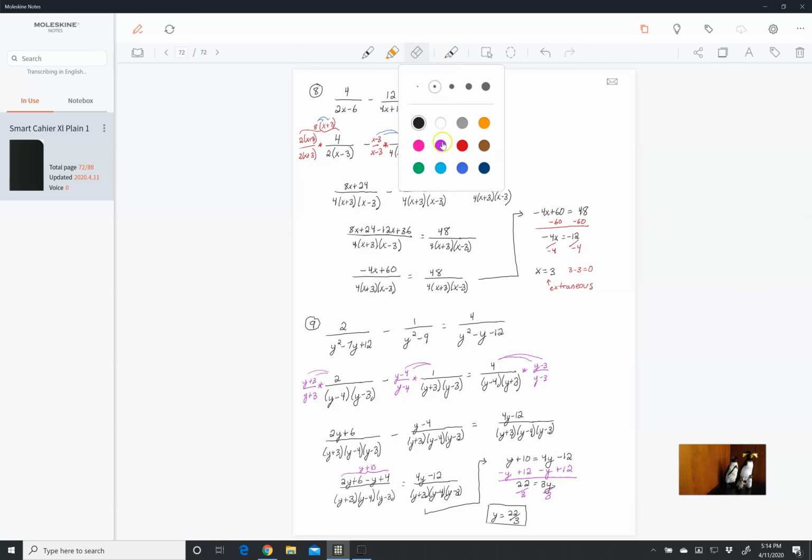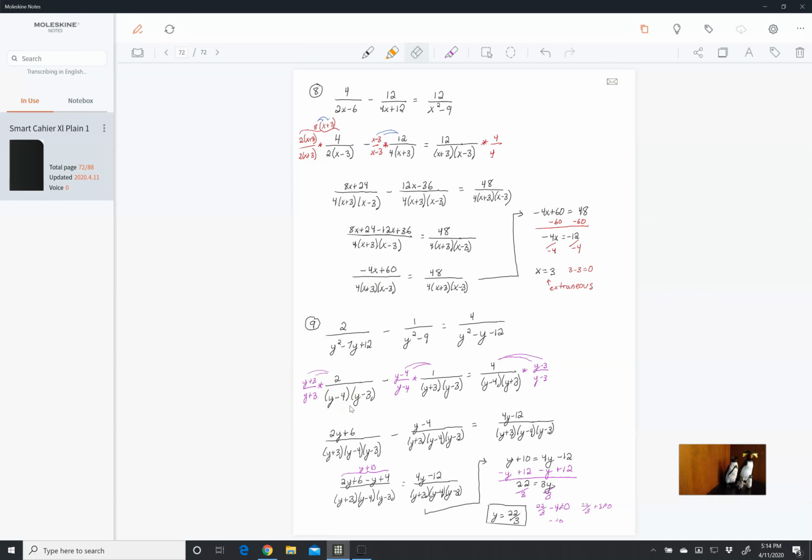So this is not extraneous. 22 over 3 minus 4 is not 0, because 22 over 3 is not 4. 22 over 3 minus 3 is not 0. And 22 over 3 plus 3 is not 0. So notice it's always helpful to keep it in factored form.